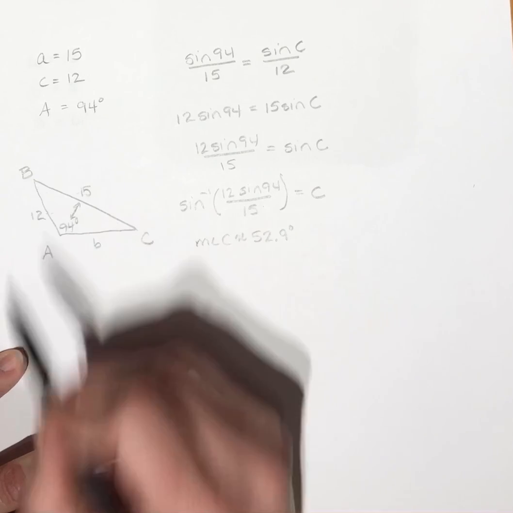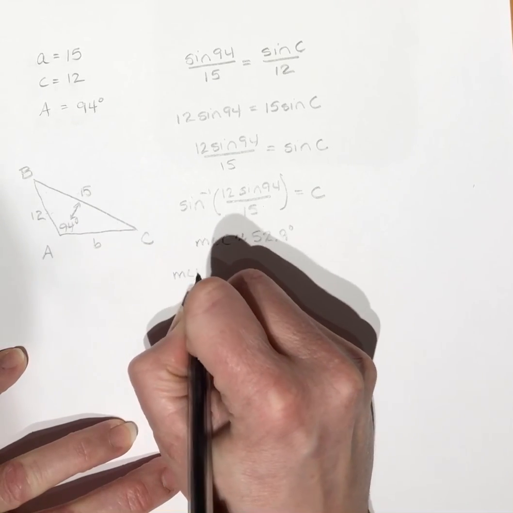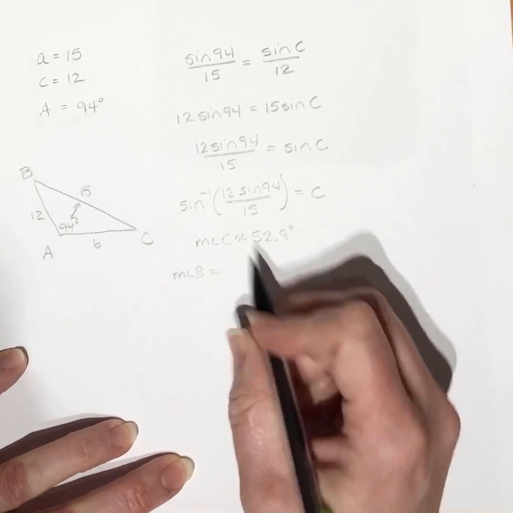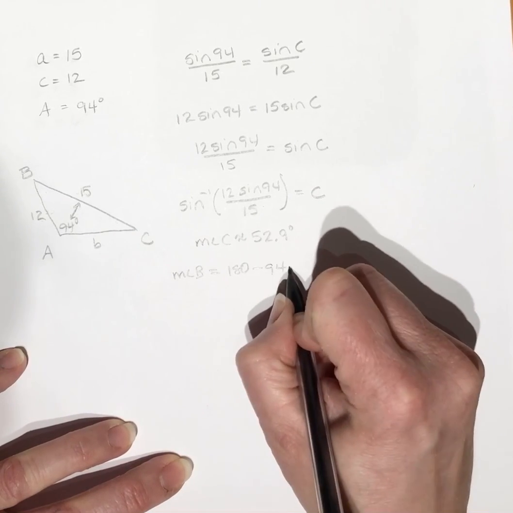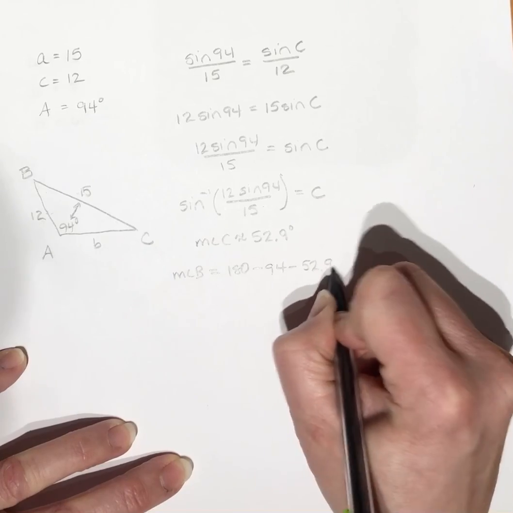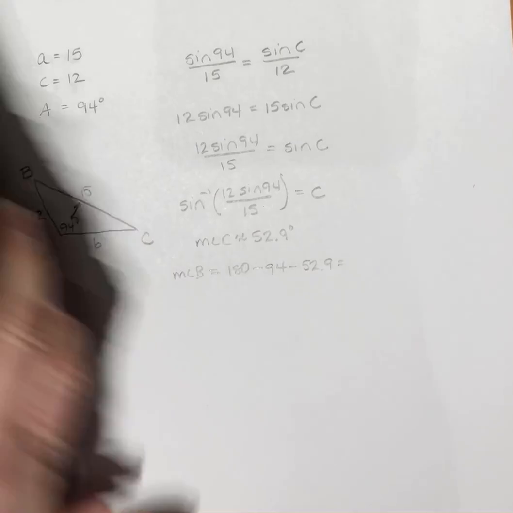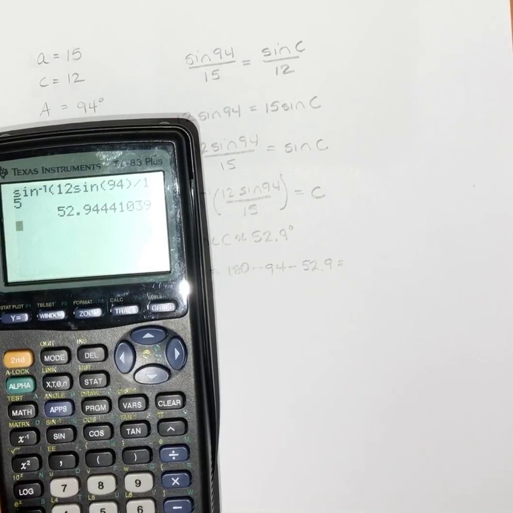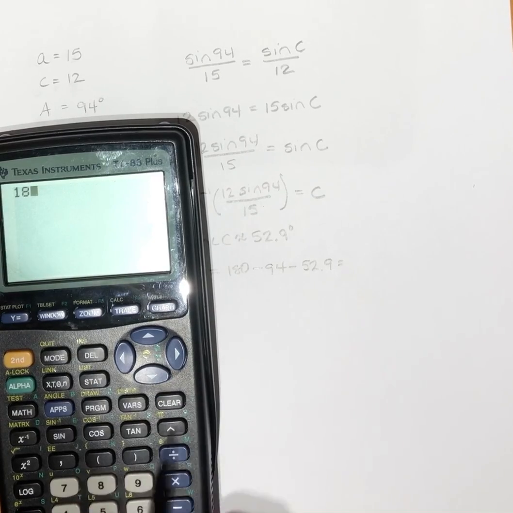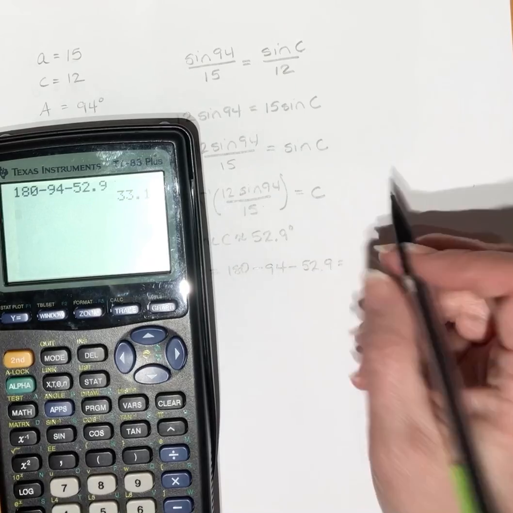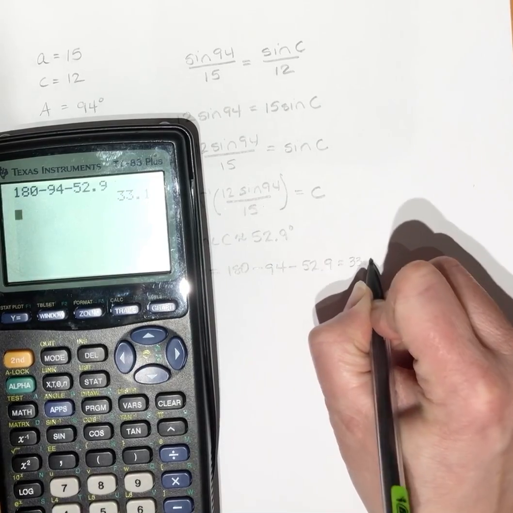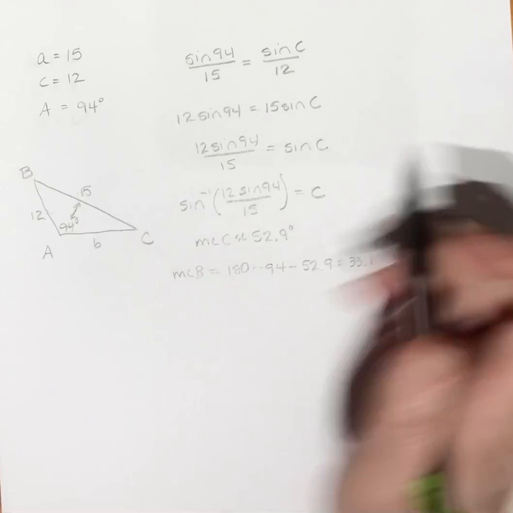Now I can subtract to get angle B. So the measure of angle B is going to be 180 minus 94 minus 52.9. And I get 33.1 degrees.